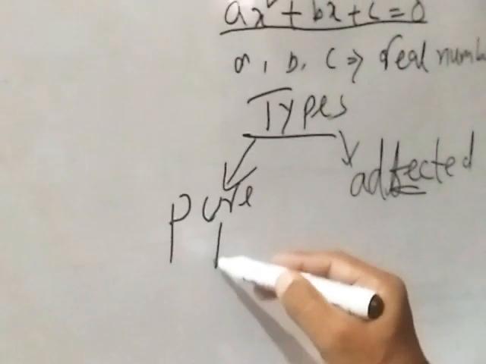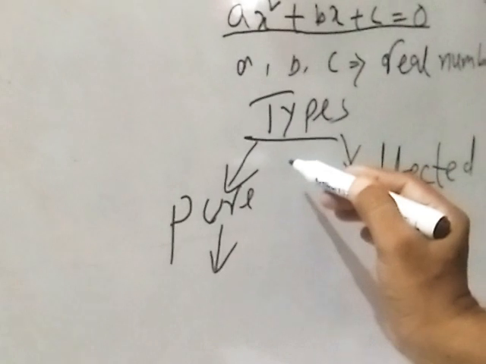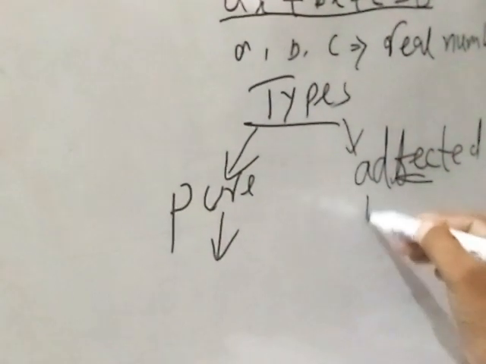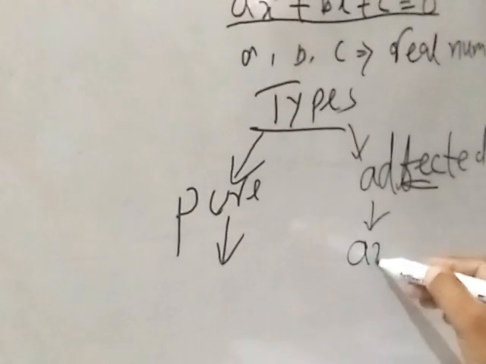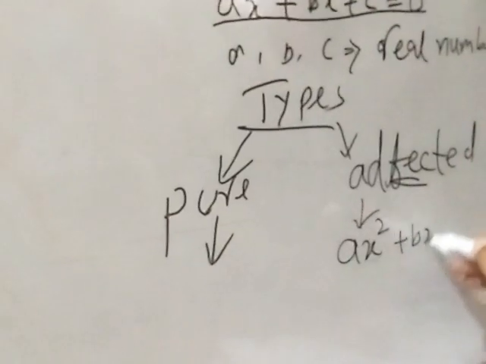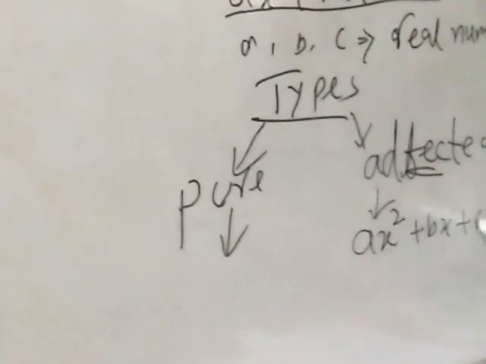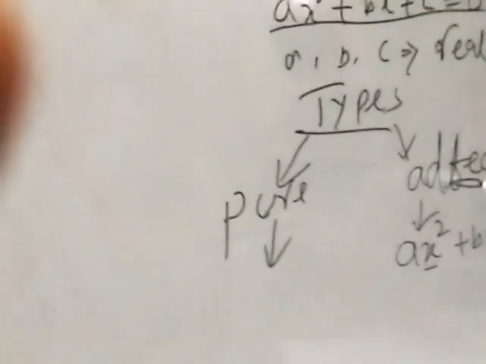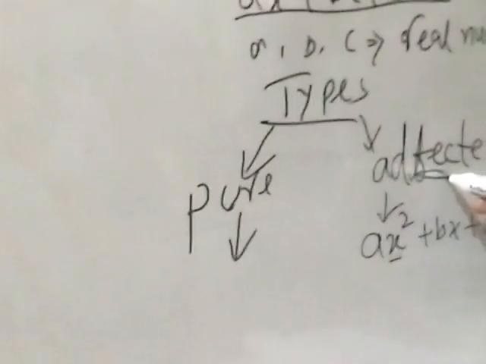For example, affected means ax square, power 2, then bx power 1, then c equal to 0. So x2, x1, this is known as affected.